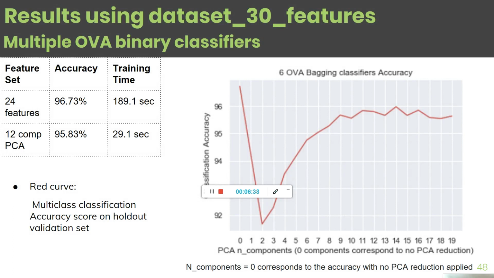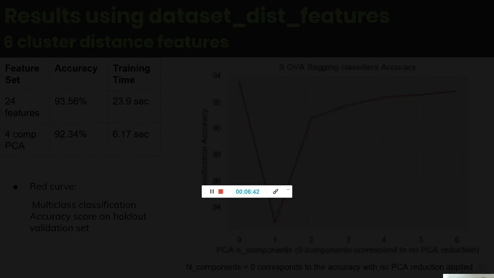When running the same model on the 30 feature data set, we can see a similar pattern, and again we can see a reduction in the training time when applying PCA feature reduction.